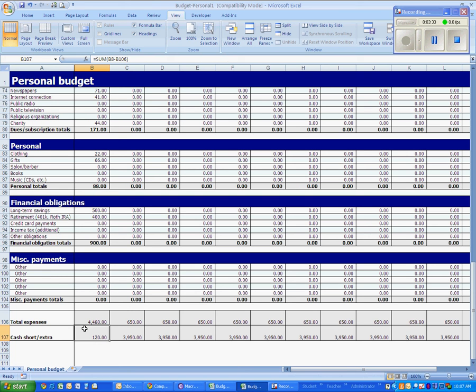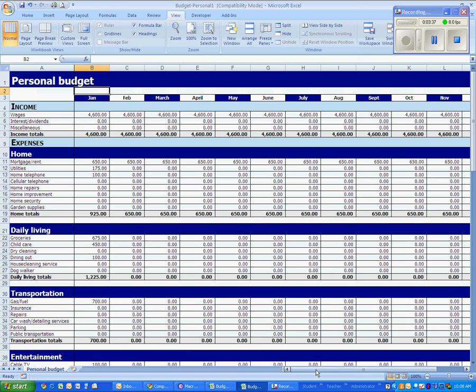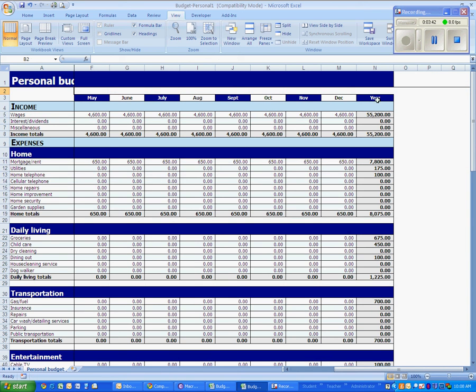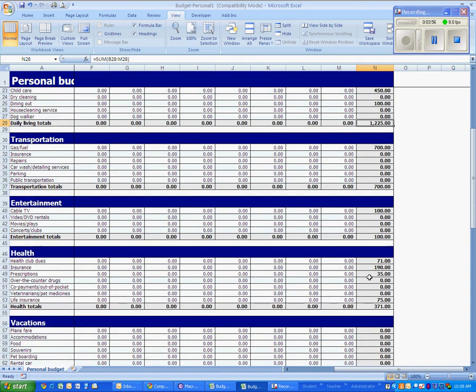Then I'm going to go back to the top here and scroll over to the end of the year. So here at the end of the year, we'll go through all the months. This is the yearly totals. So based on just January income, that's how much income you would have right here. And then here are your total expenses for the year in each category.